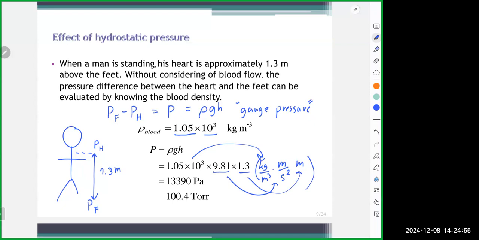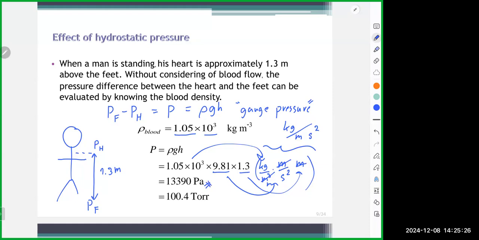You will see that you can change the unit of this into kilogram per meter per second squared, which is the unit of pressure. So you can get the unit of Pascal.